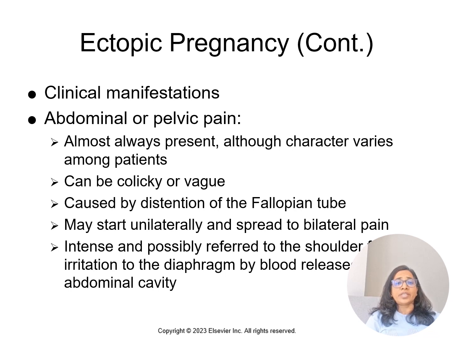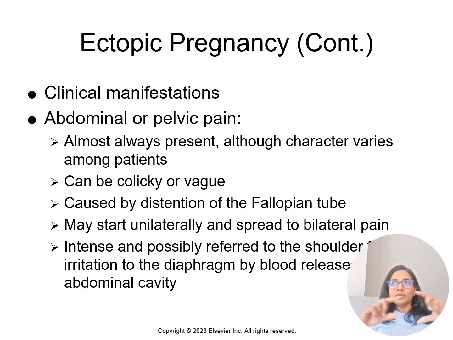Usual clinical manifestations are: they are positive for a pregnancy test, but there is no gestational sac in the uterus, and they usually have colicky pain because of the expansion of the fallopian tube.